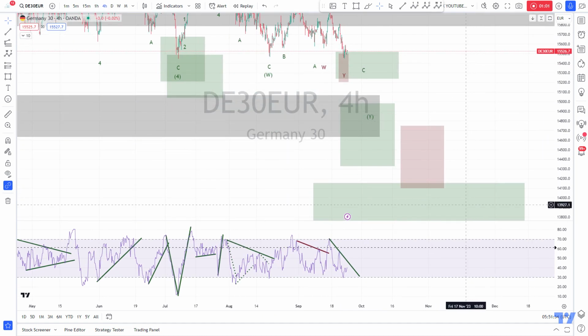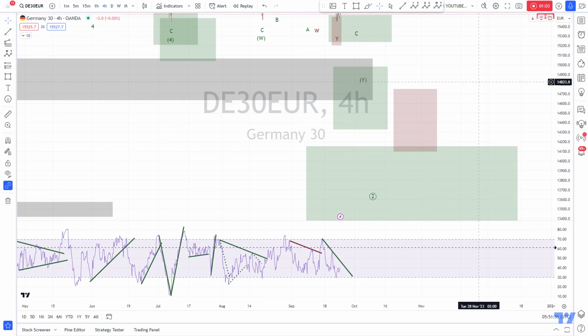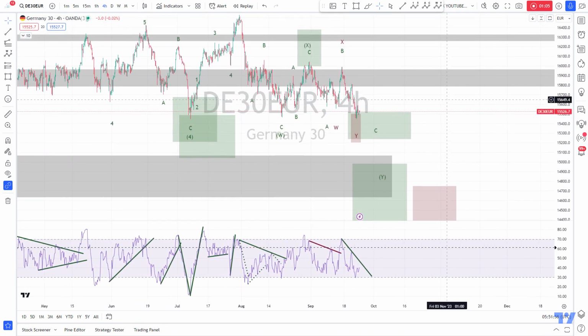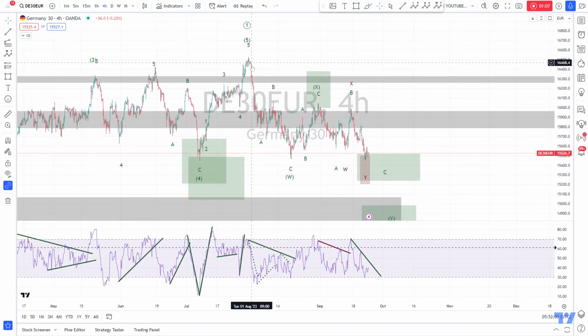We don't have to go so deep here as the wave 2. So for now, the most important thing is to focus on this and to look for a complete corrective structure. And then we will see in a later phase if it concerns a wave 2 or a wave 4.